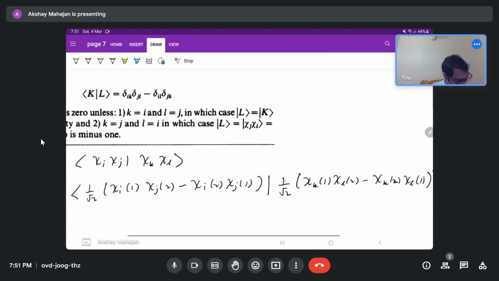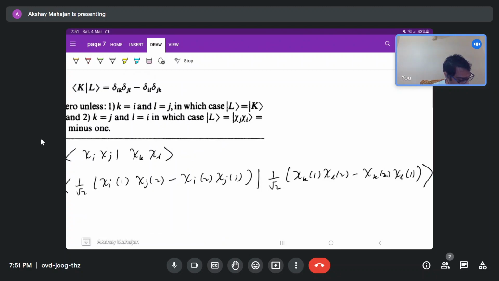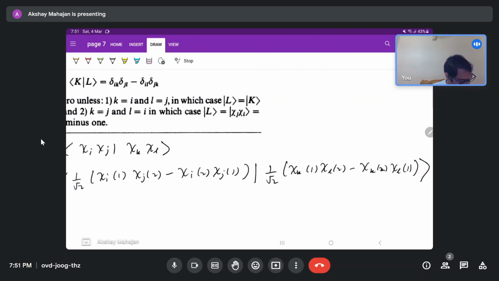Alright, 1 by root 2 chi i1 chi j2 minus chi i2 chi j1, and 1 by root 2 the kth spin orbital chi l2 minus chi k2 chi l1.